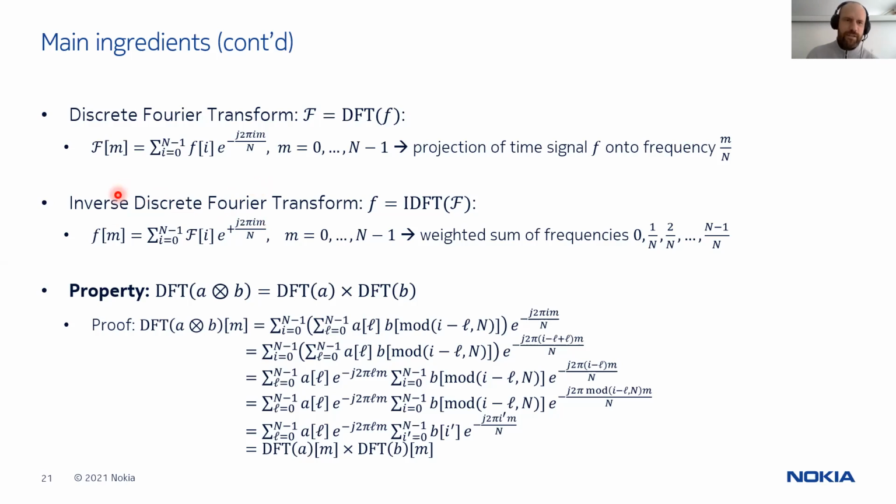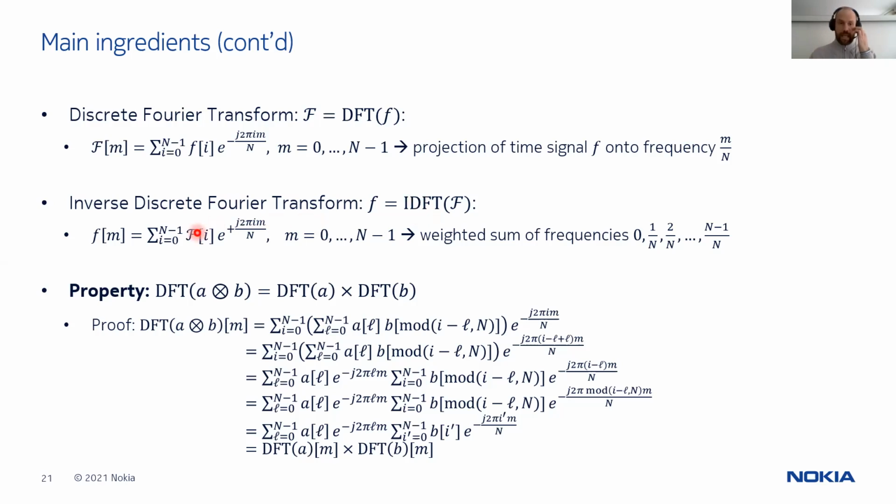Let's start from the inverse discrete Fourier transform, which is maybe easier to understand. Let's suppose that we have this calligraphic F signal. In order to get to F, you apply the IDFT, the inverse discrete Fourier transform, that works as follows.